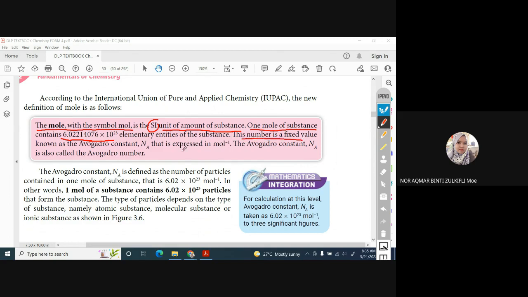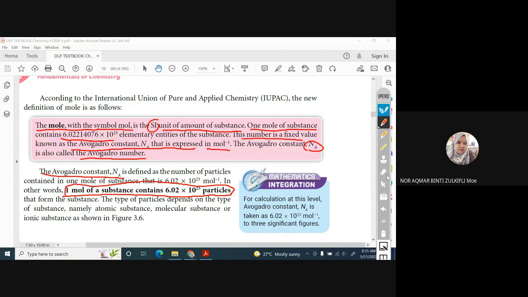The number is a fixed value known as the Avogadro constant, expressed in mol⁻¹, the Avogadro number Na. So 1 mole of a substance contains 6.02 times 10 to the power of 23 particles. This is what matters; the long version is just the definition.